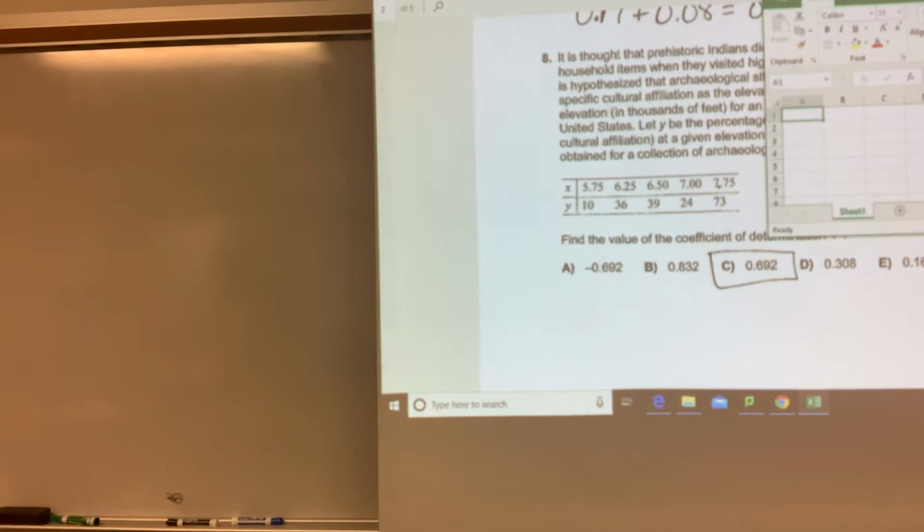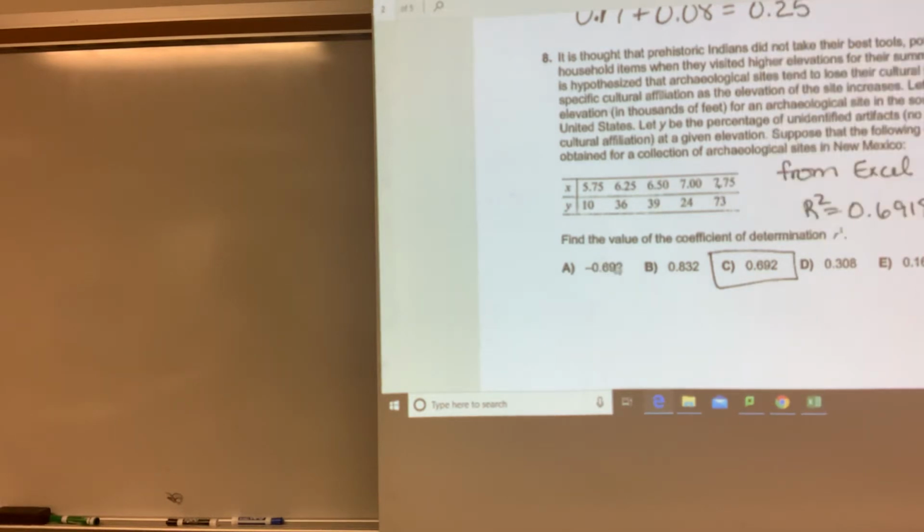So we're going to have X and Y. And I'm going to enter this data: 5.75, 6.25, 6.5, 7, 7.75. Then over, 10, 36, 39, 24, 73. Let me pull this down.